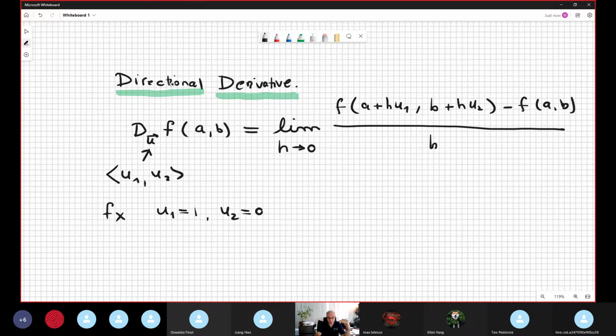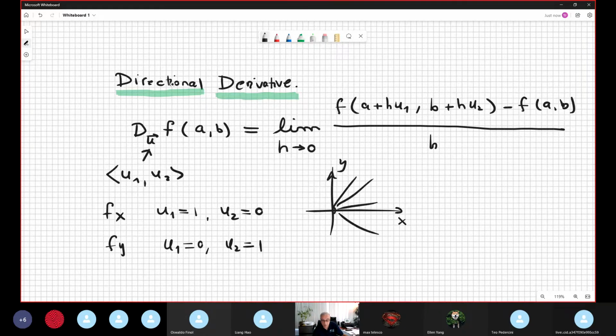And why not? Why is the other one constant? Now, the partial derivative with respect to y is completely opposite: u1 is 0 and u2 is 1. But in any direction, not exactly in the classical x direction or the classical y direction. In any direction.